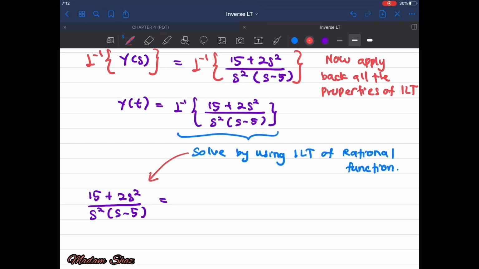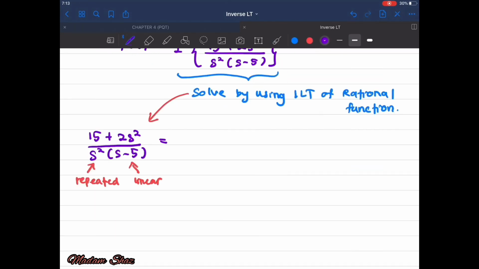First you have to write in terms of the partial fraction. s square here is a repeated linear term. s minus 5 is a linear term. Therefore, for the s square, the partial fraction will become A over s plus B over s to the power of 2. For the s minus 5, this will become C over s minus 5.